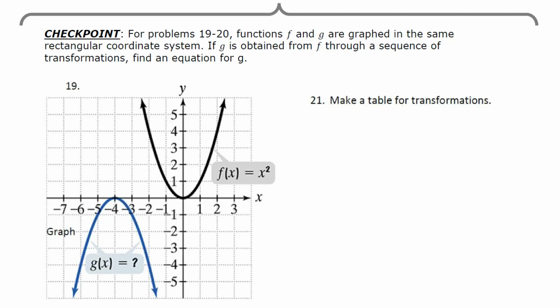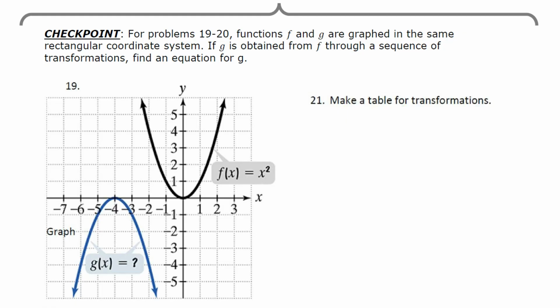All right. I hope you had a good time transforming and you were able to check your answers with what was presented here on the screen. For our last two problems, or three, it's kind of a 2-for-1. For problems 19 through 20, functions f and g are graphed in the same rectangular coordinate system.